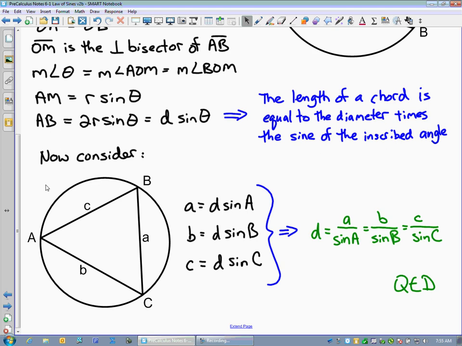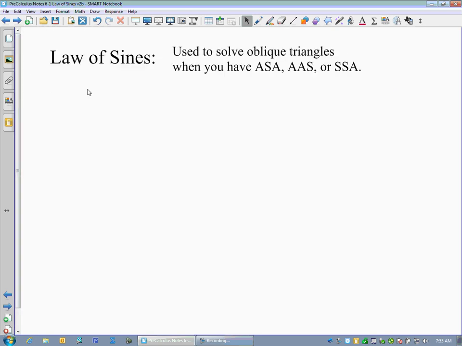Alright, so we've proven the law of sines. Let's go ahead and see where it's going to be most useful. So here, a quick recap. The law of sines is going to be used to solve triangles when you have either angle, side, angle, or angle, angle, side, or side, side, angle. So when you know those pieces of information.